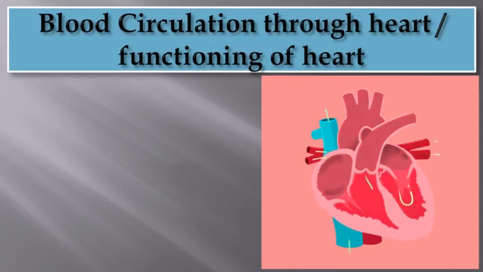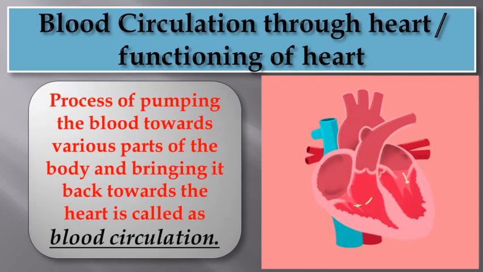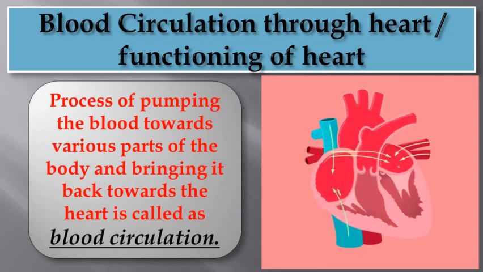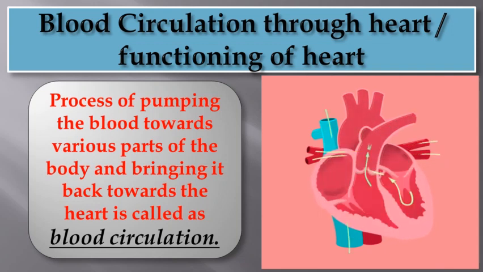Now let's learn about blood circulation through the heart and the functioning of the heart. The process of pumping the blood towards various parts of the body and bringing it back towards the heart is called blood circulation. To maintain continuity in the blood circulation, the heart alternately contracts and relaxes.